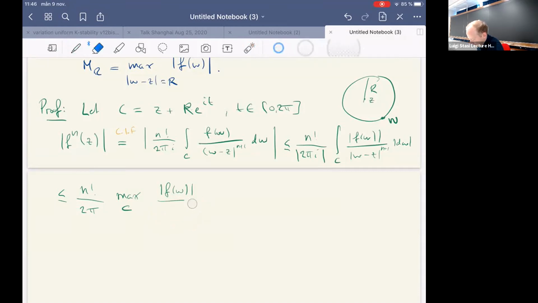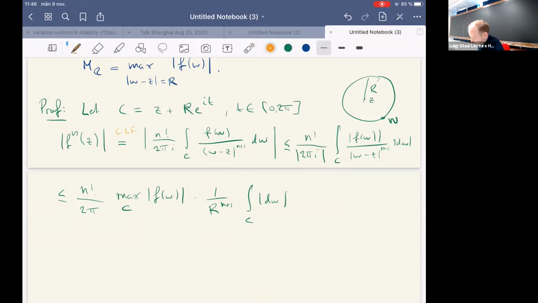So let me erase it and write the maximum of f of w like this, times 1 over R to the n plus 1. And then what's left is this integral of the absolute value of dw.